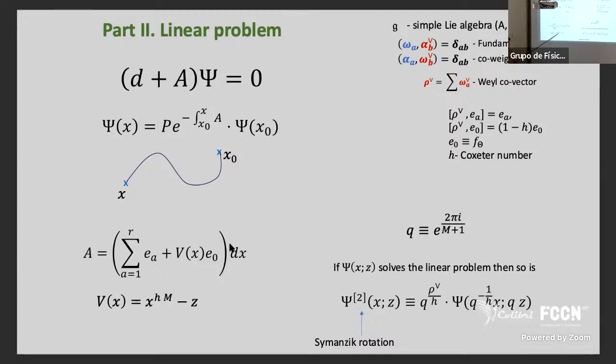Just a comment aside: the potential has x to the power of the Coxeter number multiplied by m. M should be just a big number, big enough to not have monodromy around. This rotation slowly shifts x in the complex plane. If m is big enough, we never make the full circle around. This is the only thing we really need. Q depends on the m plus 1 roots of unity, and we just do not want to make the full circle. Then we are good.